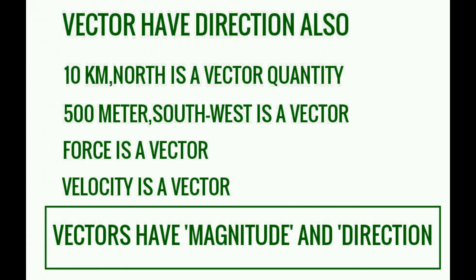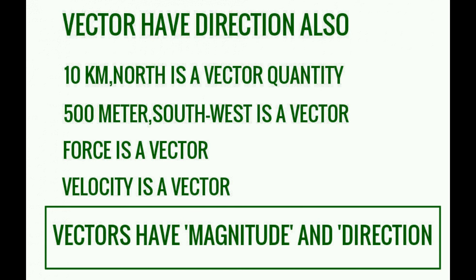Now, vectors. A vector is different from a scalar. Vectors have direction. 10 km north is a vector quantity. 500 meter southwest is a vector. Force is a vector. Velocity is a vector. You can see 10 km is a magnitude, and north is the direction.